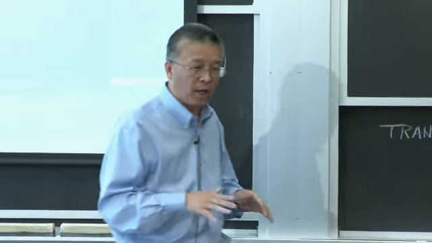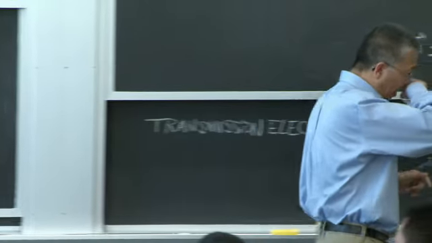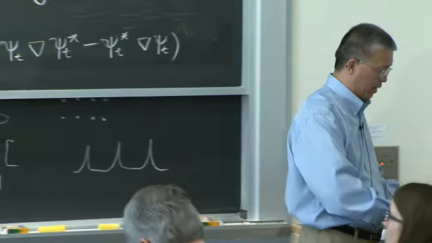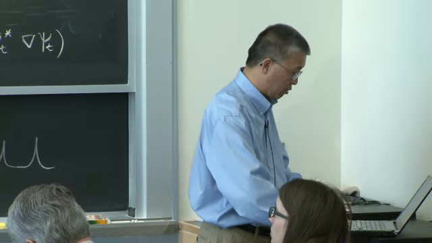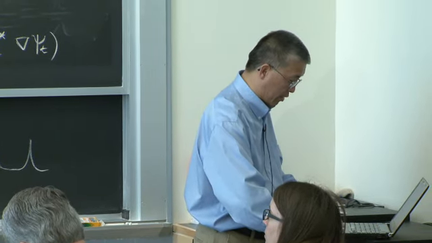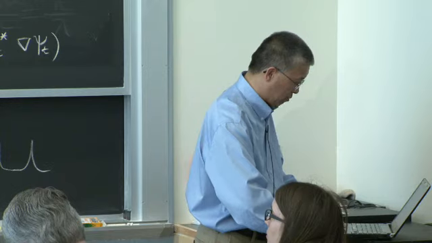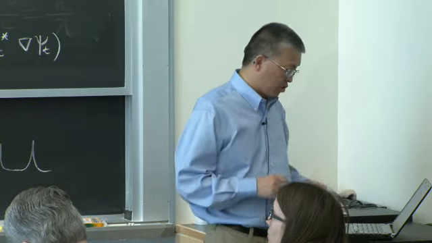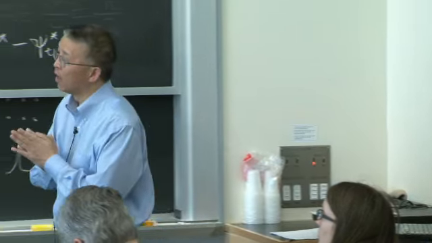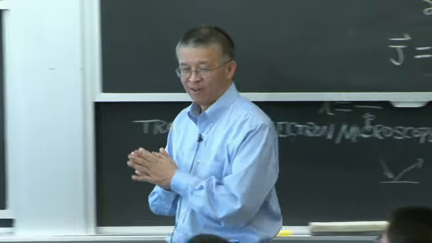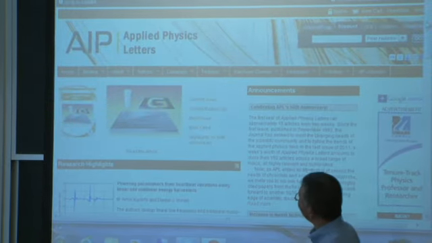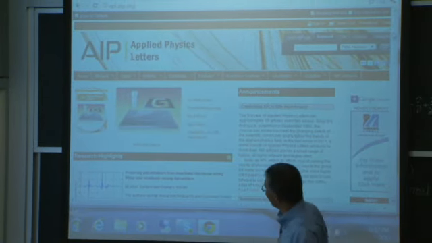You can see the energy quantization. And this was by Esaki and Tsu. And they actually made superlattices, multilayers of thin films. So it was suggested to look at Applied Physics Letters. I didn't coordinate with him, so that was a suggestion. Okay, and this is Applied Physics Letters.